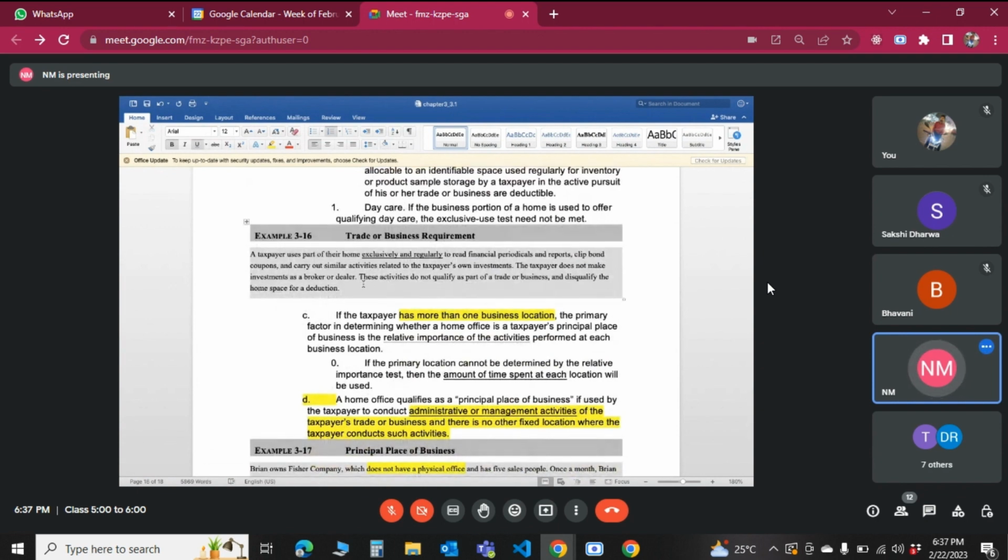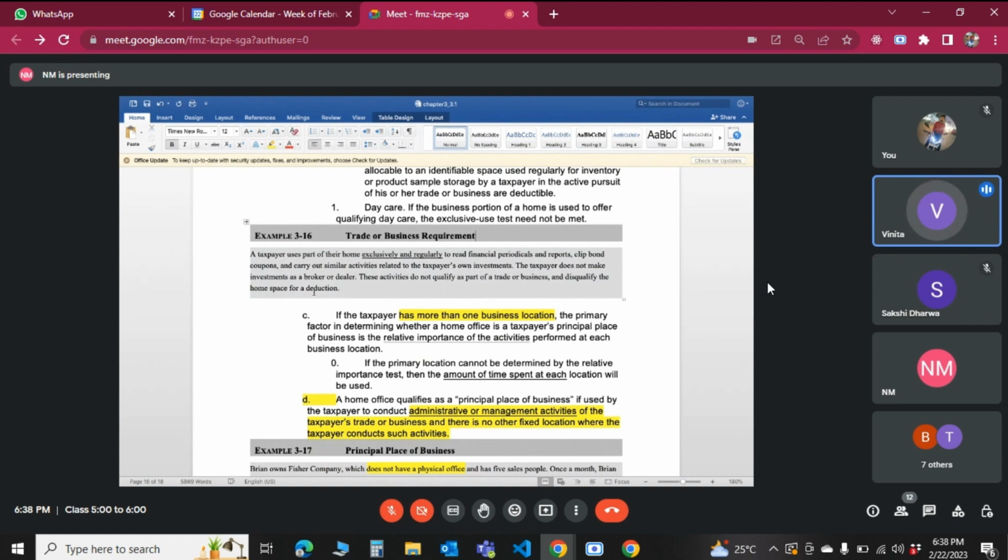Rohit from Indore. A taxpayer uses part of their home exclusively and regularly to read financial predictions and reports, clip bond coupons, and carry out similar activity related to the taxpayer's investments.